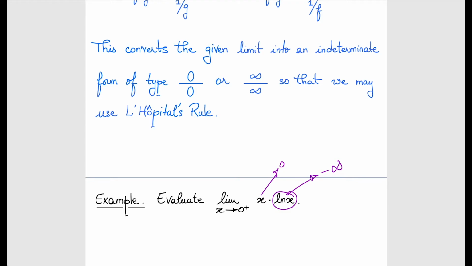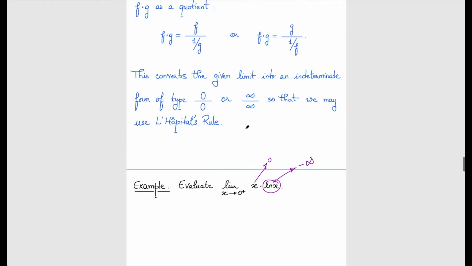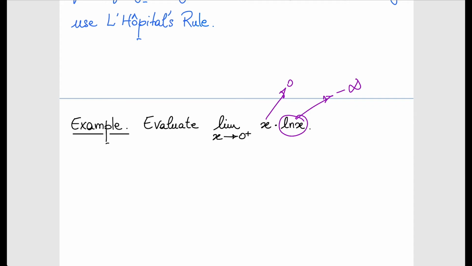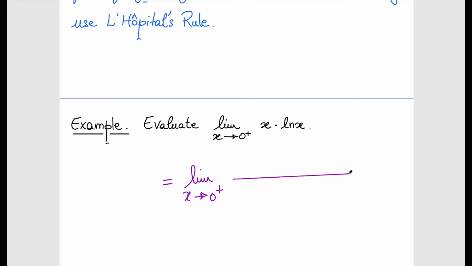Alright, so let's tweak the problem, which means let's put ourselves in a context where I have 0 over 0 or infinity over infinity. The way I'm going to do it is I'm going to take the guy upstairs, which is x, and put it downstairs, and as such I'm going to have 1 over x downstairs, right? So I'm going to keep that ln x over here, and x times ln x can be thought of as ln x divided by 1 over x, right? If you divide by 1 over x, it's the same as you multiply by x.